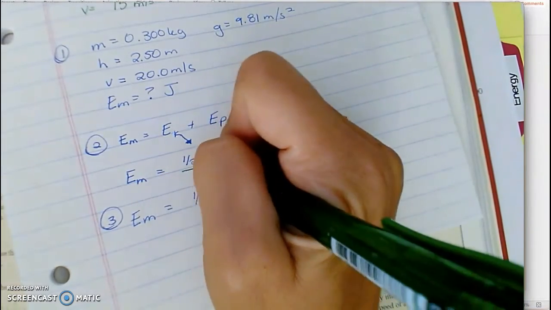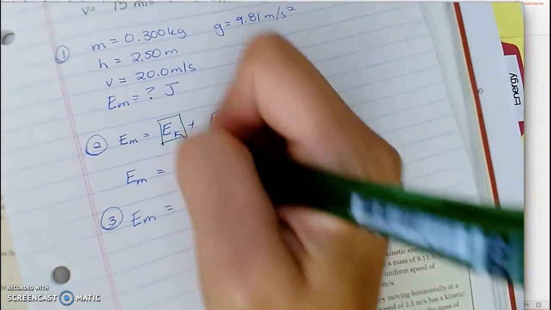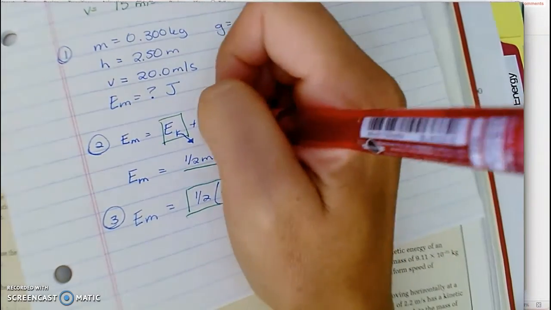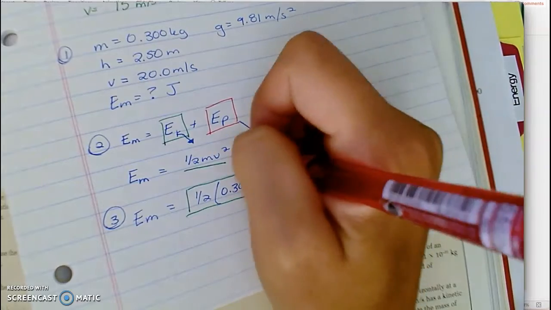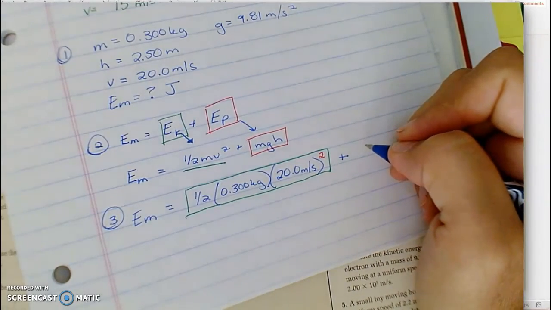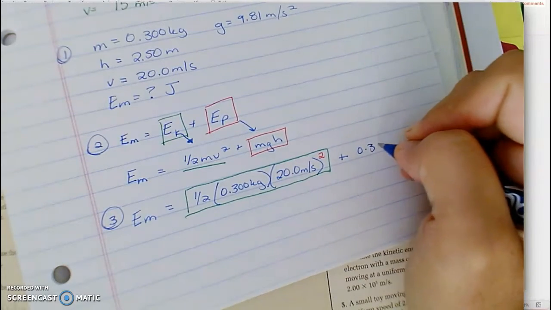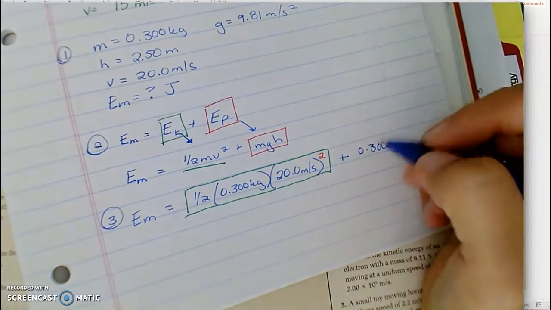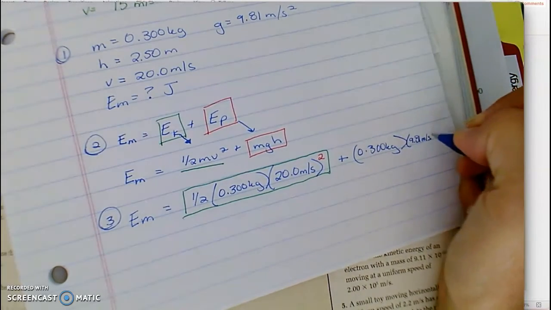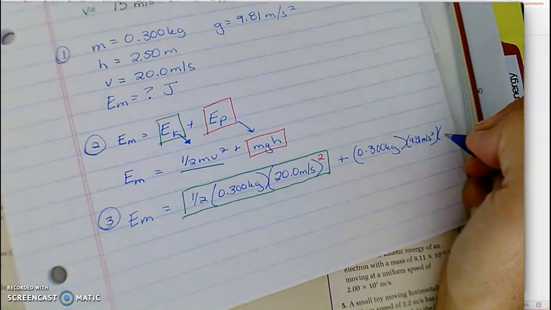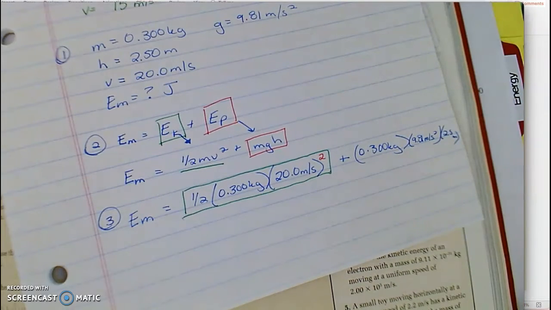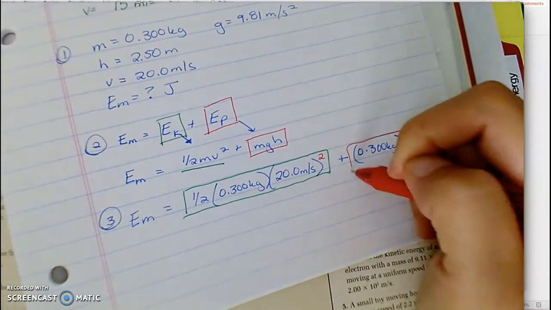This would be the kinetic energy part of the question, and this would be the potential energy part. Mass was 0.3, or 300 grams, times gravity, times height, which says 2.5 meters. So that's the potential energy part of the question.